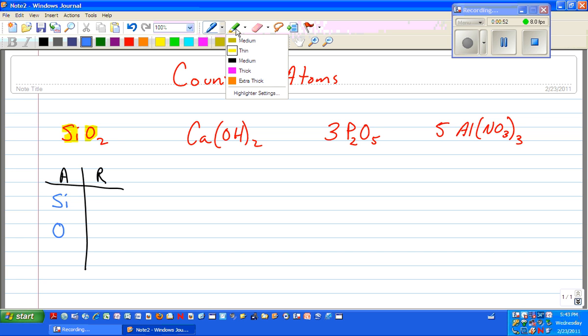So what I would do is take a look where the subscript would be. In this case, there is no subscript, so it's understood to be 1. So I have 1 silicon atom. And for oxygen, I have 2 oxygen atoms.